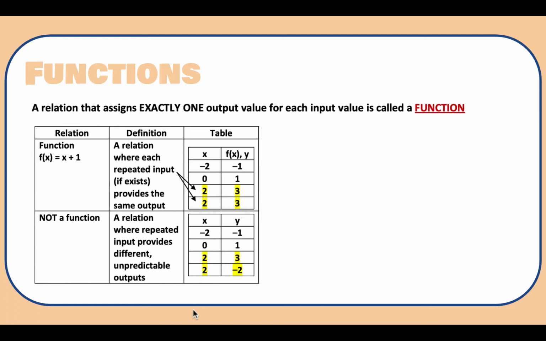And then we have another x value of 2, and that x value is assigned to a y value of -2. And we can't have that. We only want each x to have exactly one y.